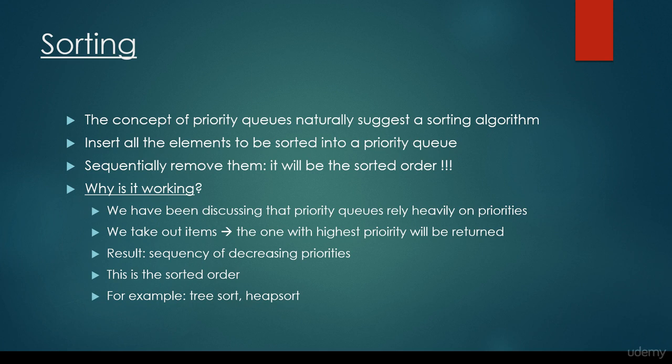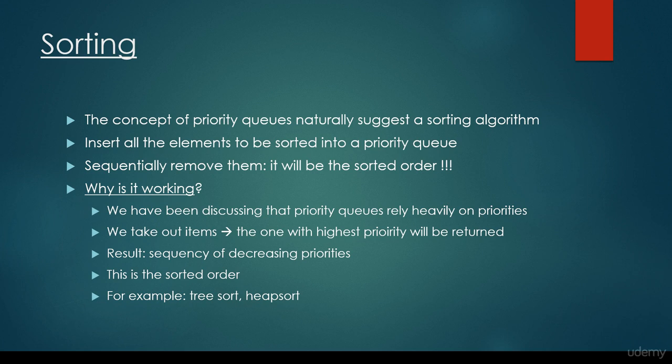So for example, tree sort or heap sort rely heavily on these kinds of sorting methods. Very important that we are going to see the concrete implementation of the heap sort, and we are going to have the priorities associated with every item. We are going to store integers, and because we store integers, we don't need any further information for the priority, because the value of the integer is going to determine the priority value as well.